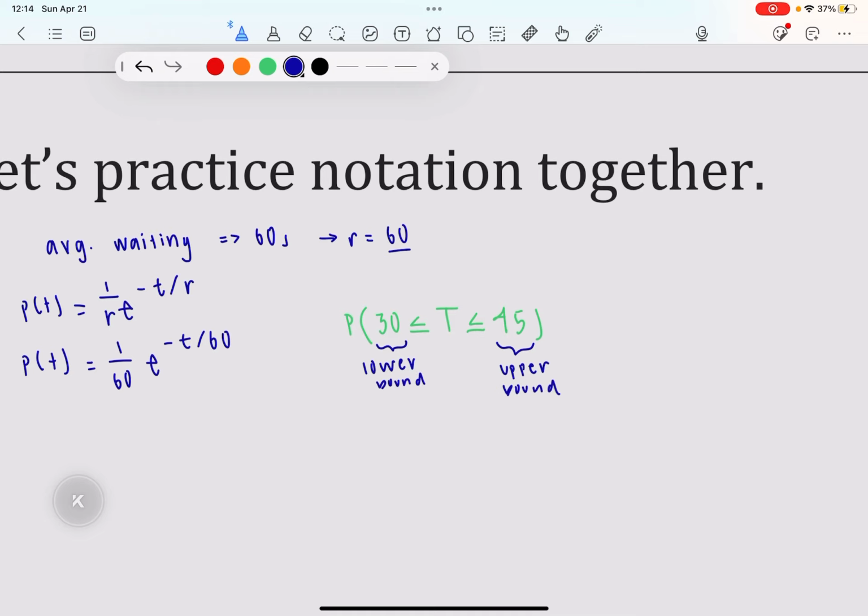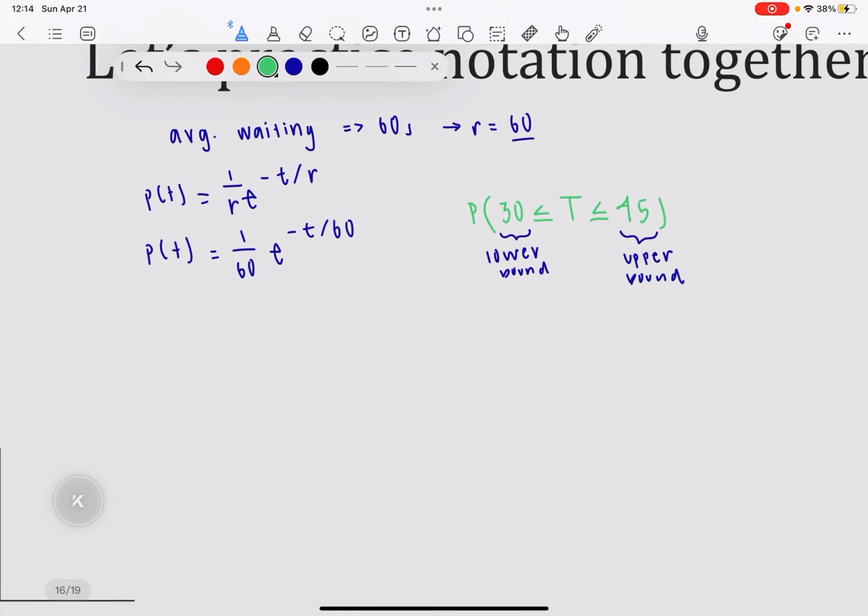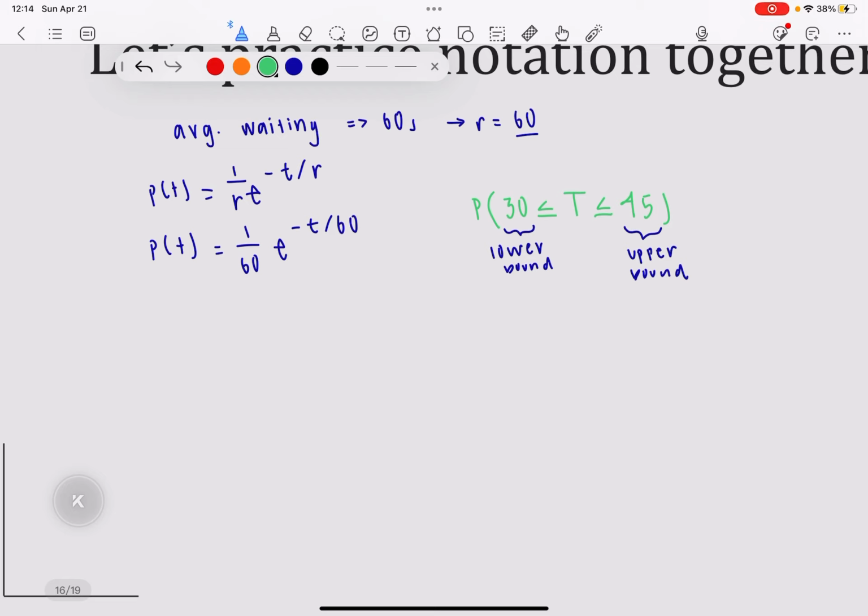Okay. So once we have this information, we can plug it into our nice little integral. 45 and 30 seconds are the times we're going to be solving for, and then we're just plugging in this nice formula that we were given right away. That's going to describe the P of t for waiting time.